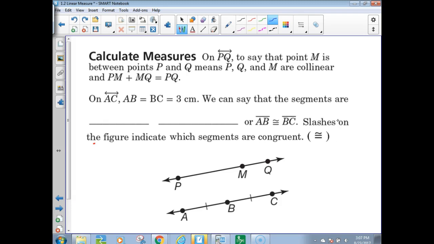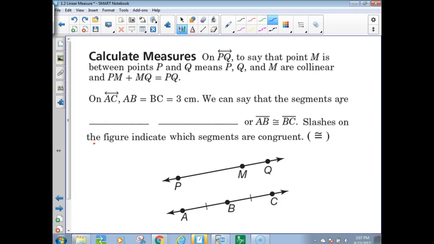So calculating measures, we start to apply this on line PQ to say that M is between points P and Q means that P, Q, and M are collinear, and that the distance PM plus the distance MQ equals the distance PQ. Now it says that on line AC, AB is equal to BC, and they're both equal to 3.